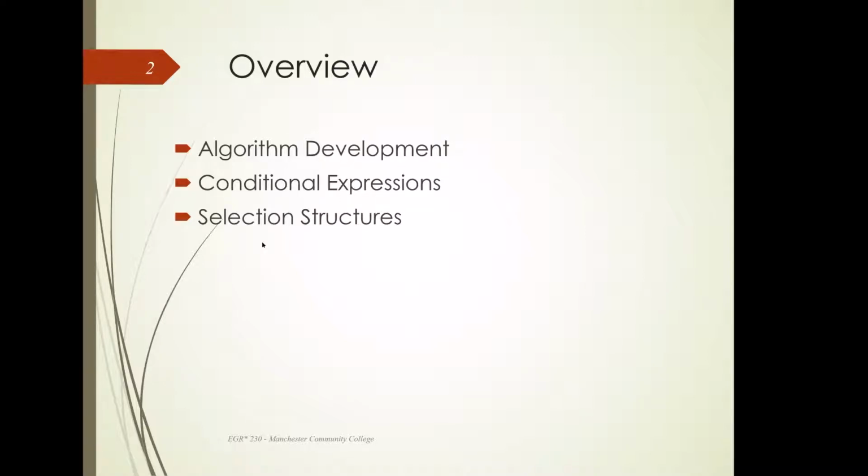The next thing is selection structures. We have three of them in C++. There's an if statement, which means if some condition is true, execute code, or skip that code if it's false. The other one is an if else, which says if it's true, execute the first block of code, else if it's not true, execute the second block of code.